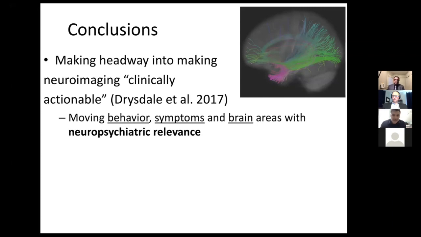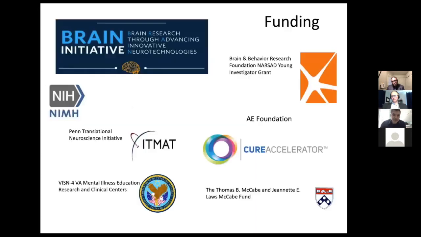And so getting some preliminary data like this, like John showed and like we're showing in our lab, moving behavior and symptoms, influencing the brain in these areas that have neuropsychiatric relevance, I think is a very promising initial step towards personalizing and making brain stimulation more effective.